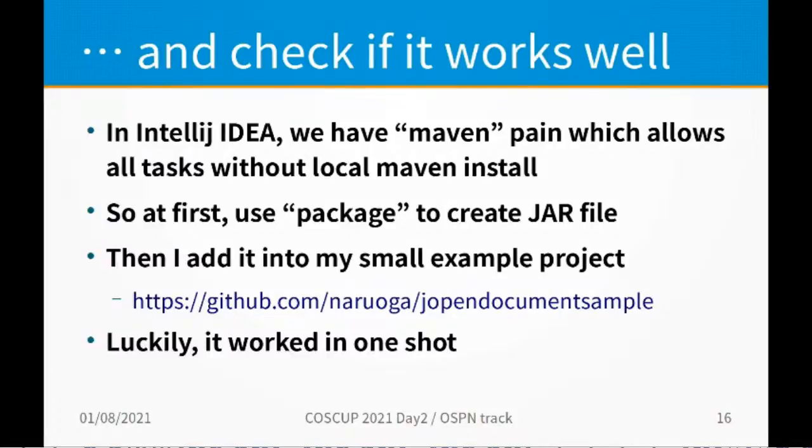In IntelliJ IDEA, we have the Maven pane, which allows running all tasks without a local Maven install. I don't want to install Maven into my own environment, so this is quite important. At first I used package to create the Java file. Then I added it into my small example project. Luckily, it worked in one shot.